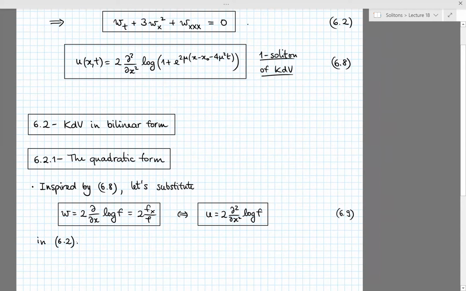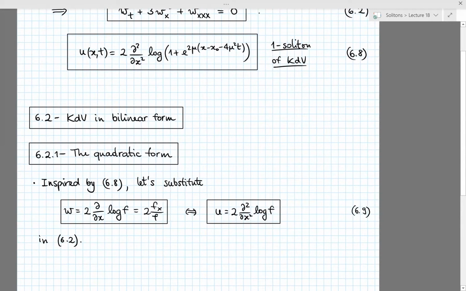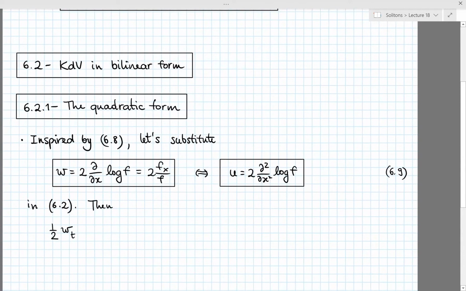So then we'll need to calculate a few derivatives of this w. So we need the partial derivative of w with respect to t. And let me divide that by 2 to simplify the formula on the right-hand side. So I need to differentiate with respect to time the previous expression for w. So I get 1 over f squared times the t derivative of the numerator.